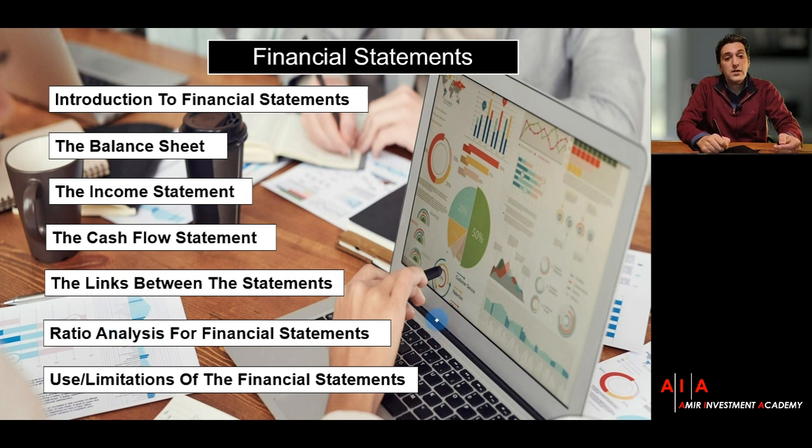And then we're going to finish the whole course with the use and limitations of financial statements. Although the benefits far outweigh the limitations, there are still limitations that you should be aware of, which could affect your decision at some point.